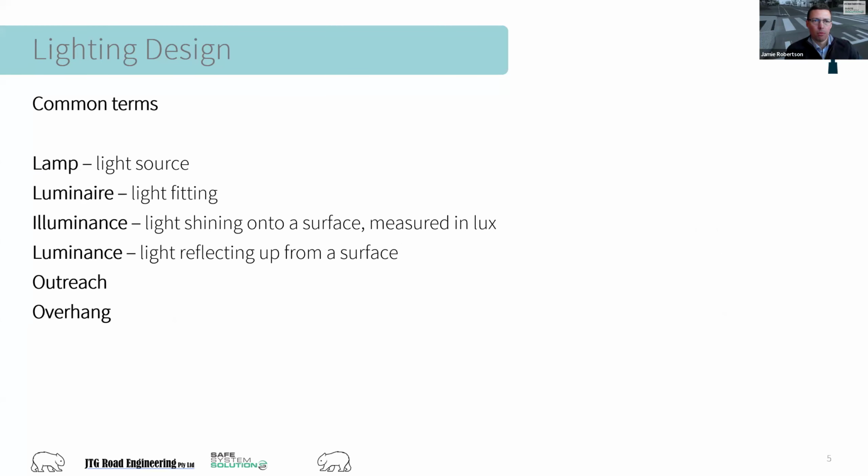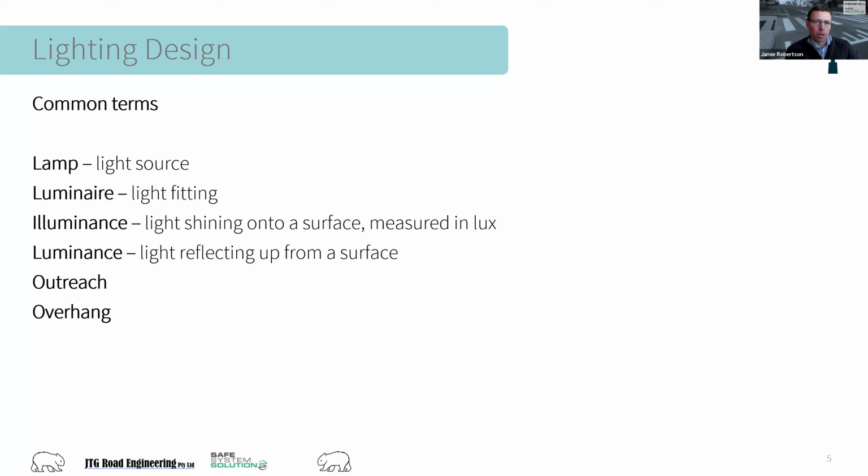A few common terms in lighting design that you may have heard. Lamp is the light source, the globe or tube that provides the light. The luminaire is the light fitting that determines the distribution of light, the way the light is spread.